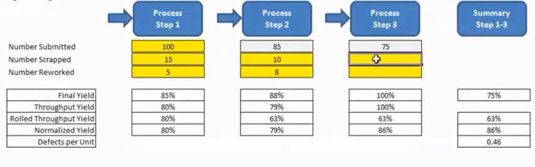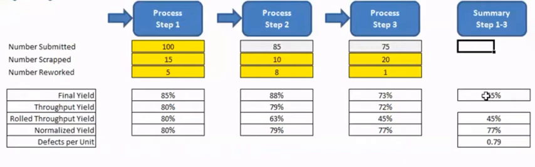And then carrying on the example, I've got 20 that I scrapped in process step 3 and maybe 1 that I reworked. And so for this step, I've got a final yield of 73%, a throughput yield of 72, and a rolled throughput of 45. And then overall, for the three-step process, I have a final yield of 55%.